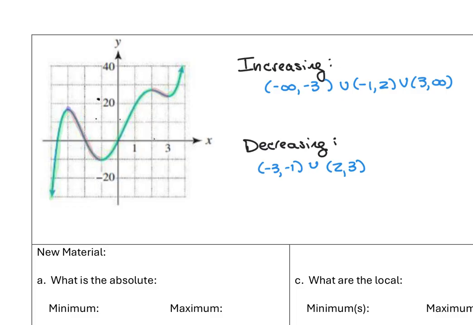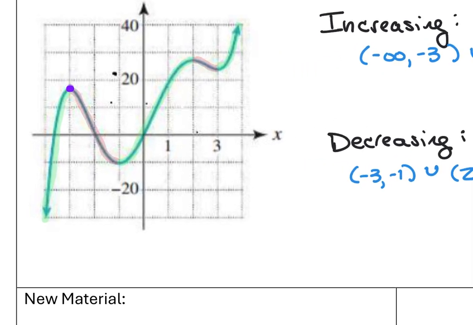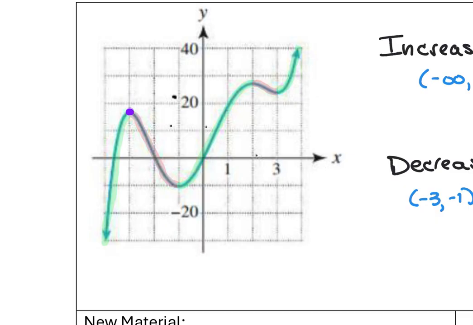All right, our first one we have is going to be here. And we're going to go ahead and say, okay, this is negative 3, comma, I'm going to say 16.